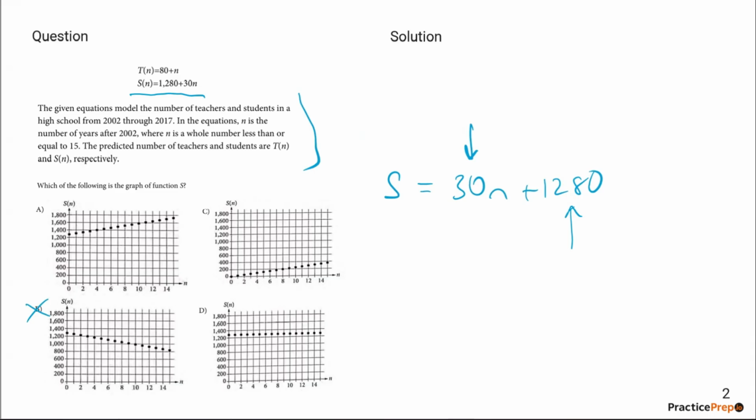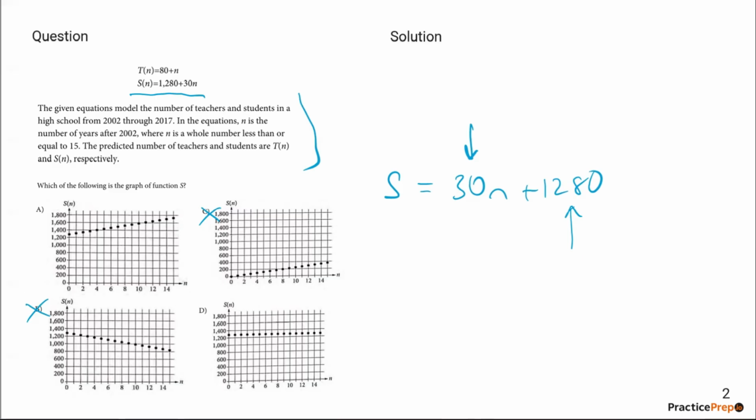Now, when you have a positive slope, and out of all these choices, the only choices with the correct y-intercept are A and D, you need to find which one represents the slope of 30 the best. In which of the choices do you have to rise 30 units when you go 1 unit to the right?